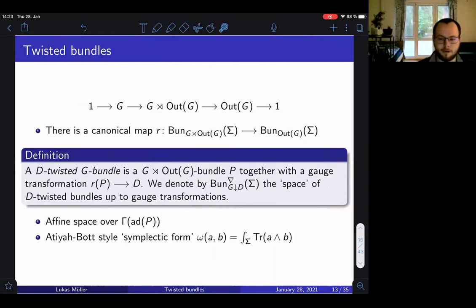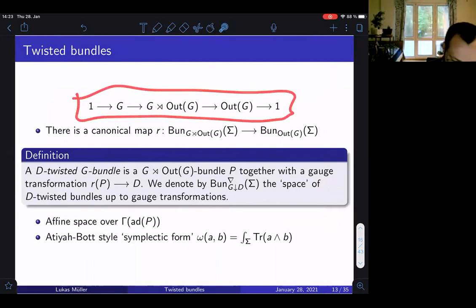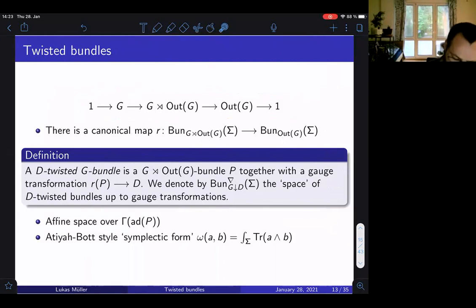So all I want you to keep in mind is that from a defect network, I can construct a principal Out(G) bundle. And now I also want to recall the exact sequence for the semi-direct product here. And I can use this map, the projection map down here, to induce a map between the spaces of principal bundles.